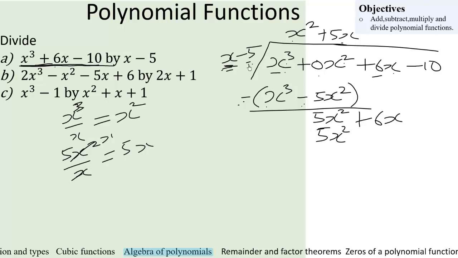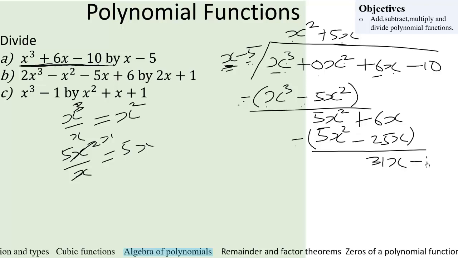Then 5x by 5 will be minus 25x. Then you subtract again. 5x squared minus 5x squared will be 0x squared. Then we have 6x minus negative 25 will be 31x. So positive 31x.